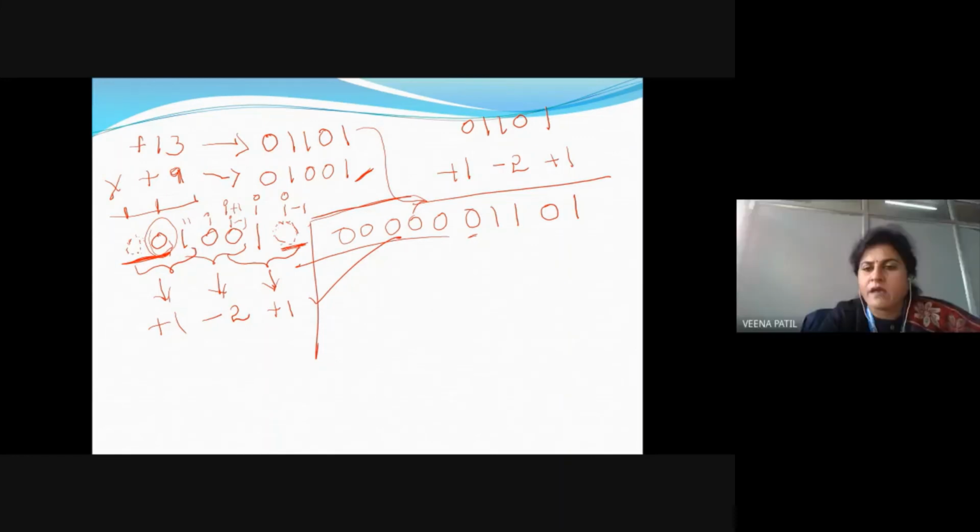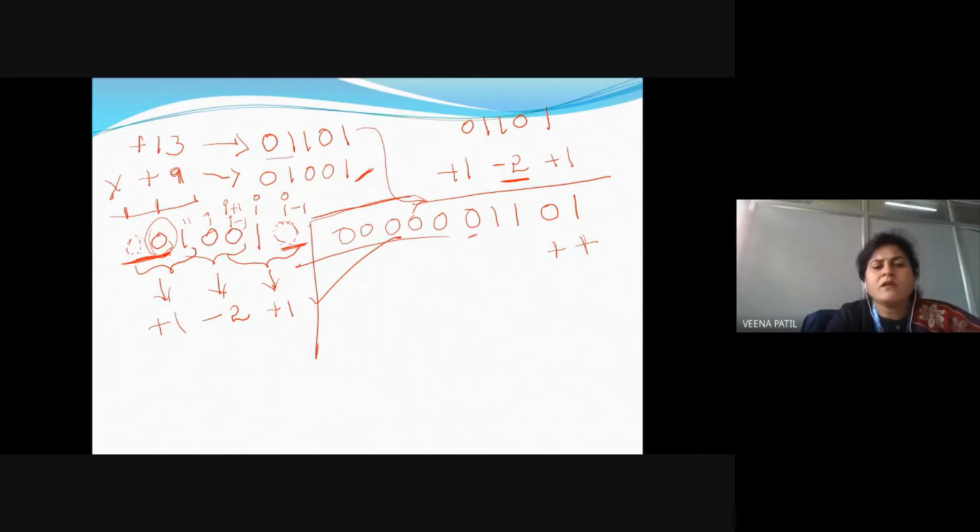Now when I am going to perform multiplication with the next multiplier bit pair, you have to shift by 2-bit positions and then write the answer. Unlike Booth's algorithm, wherein I perform only 1-bit shifting, here I am performing a 2-bit shift and then writing. Whenever minus is there, it means you have to take 2's complement of the multiplicand.